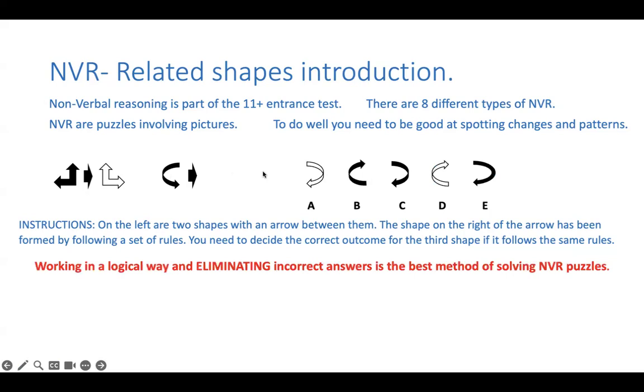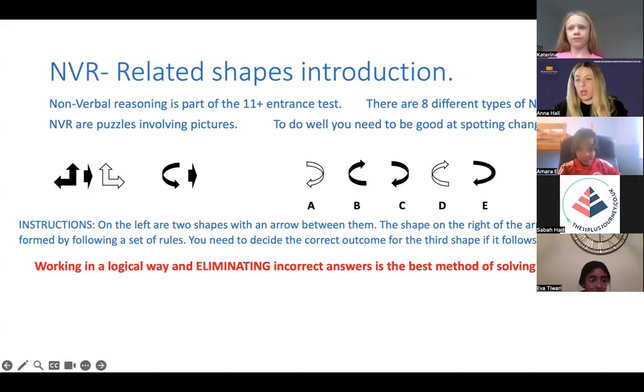Now, working in a logical way and eliminating incorrect answers is the best method of solving NVR puzzles. So we cross out the ones that we are unsure of, okay? So we cross out the ones that we think, no, that's definitely not an answer. And then it should leave us with 1 or 2 to be able to then decipher what the answer is.